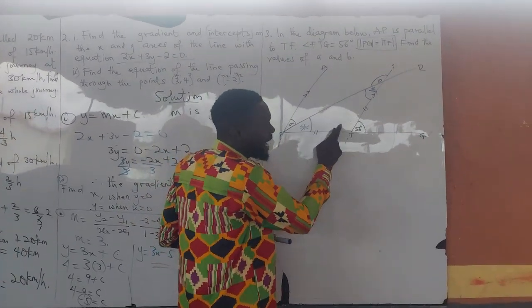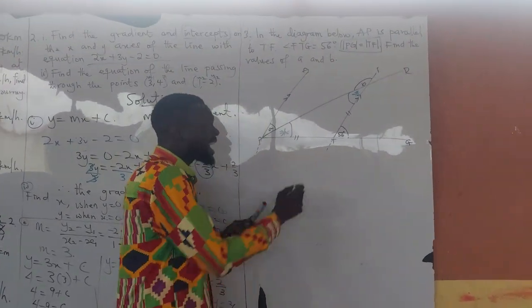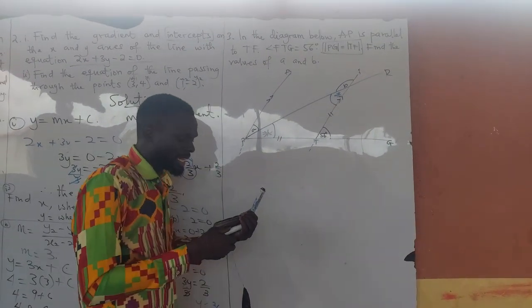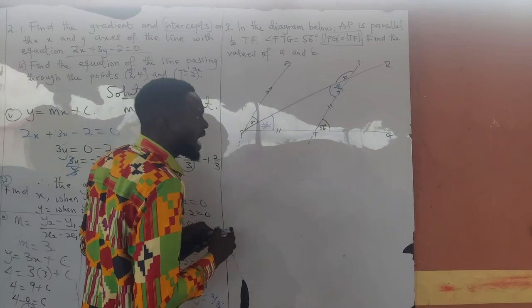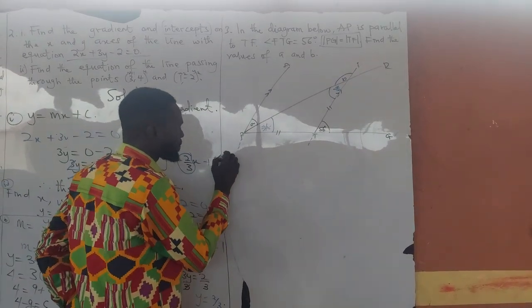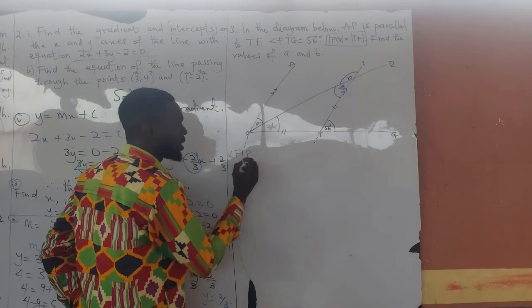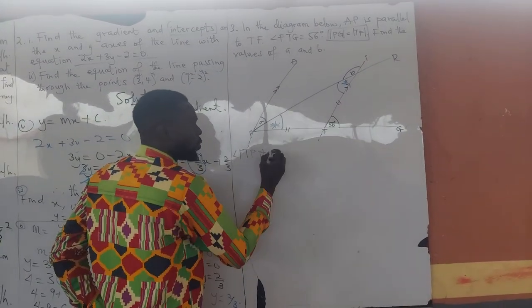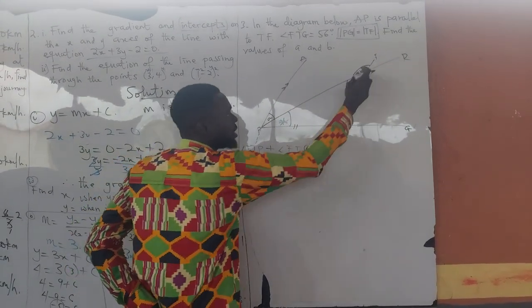But this angle here and this angle, they are on a straight line. So I can first calculate for the angle here because angles on a straight line sum up to 180. In terms of vertices, the angle is angle FTP plus the angle here, which is angle FTG.